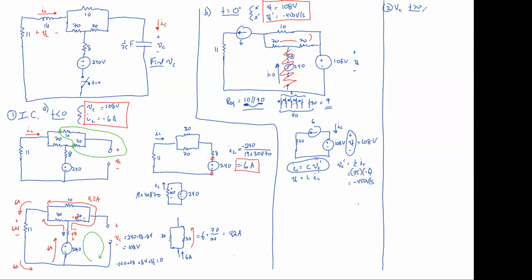When we draw it, just like Dom said, we'll have our resistance. And we can really just draw these resistances all lumped together, because for time greater than 0, everything's in series.